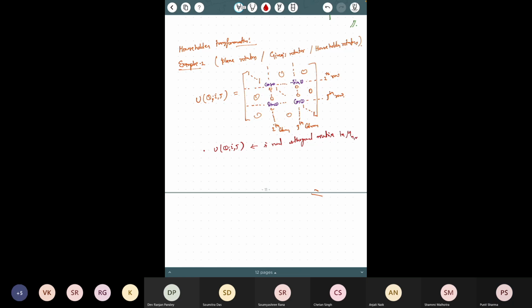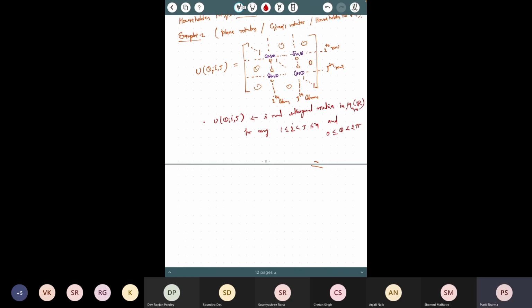In this, for any given theta, or for any i and j, where i is less than j, and any angle theta between 0 to 2 pi, this is an orthogonal matrix, the first thing.